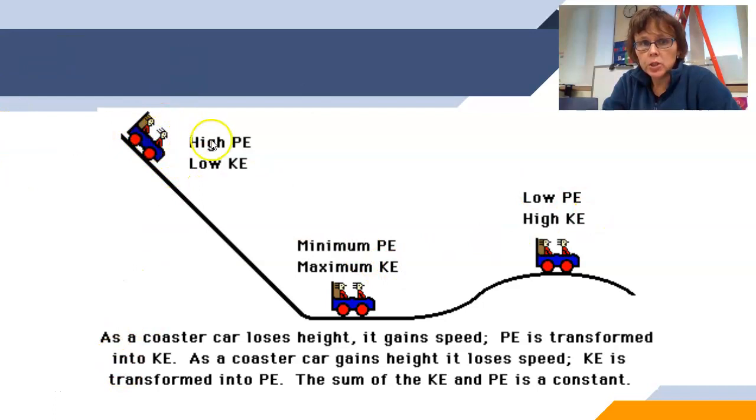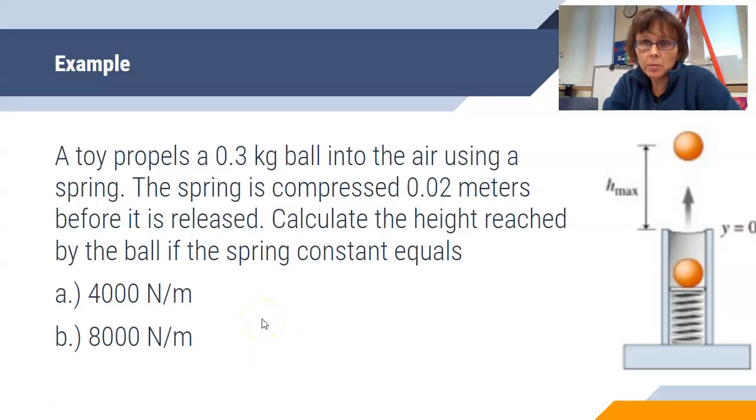For example, if the initial position has a high gravitational potential energy and low or even zero kinetic energy in the beginning, the sum of those will be constant throughout the ride. This position will decrease the potential energy but increase kinetic, and this position will decrease kinetic relative to the previous position and increase potential energy.